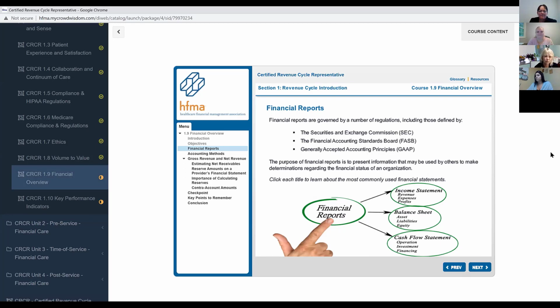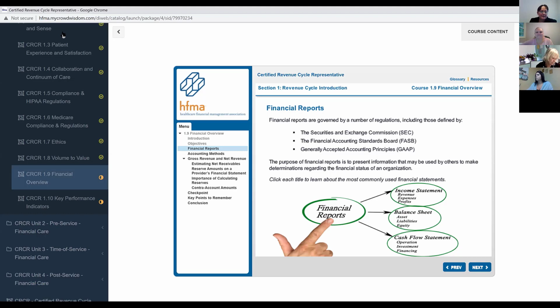This module is basically about the financial statements and the impacts of the revenue cycle on it, and being able to kind of just know what the financial statements are. I say we because that's me, I'm an accountant. We're governed by the SEC, the FASB, and the GASB.